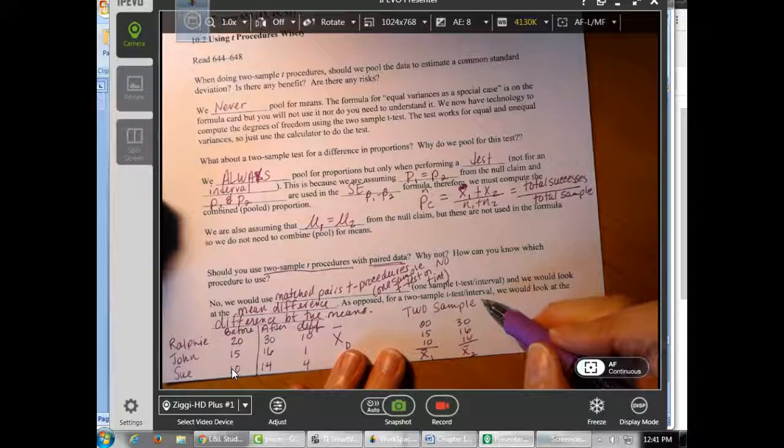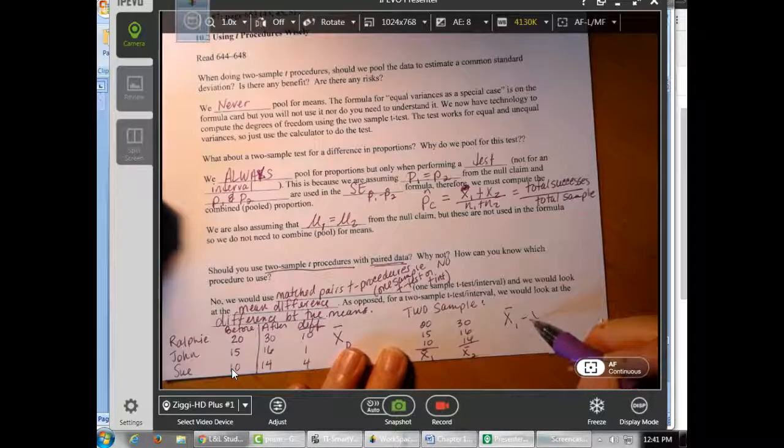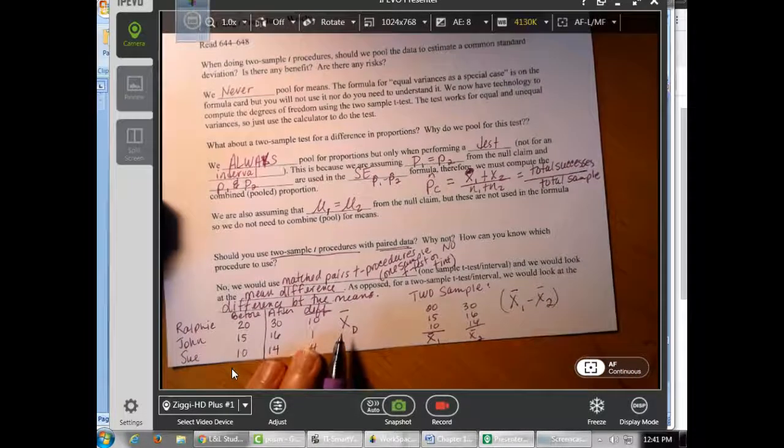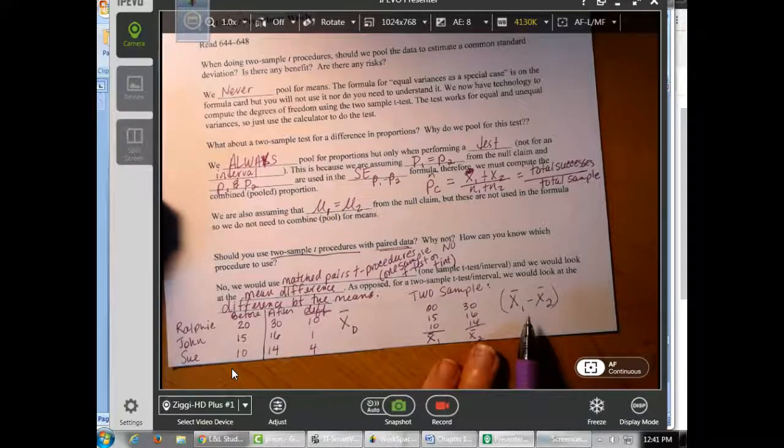So for my estimate, it's X bar sub 1 minus X bar sub 2. So here, I'm getting a statistic that is the average of all my differences. Here, I'm getting 2 statistics from 2 independent separate samples that I find the difference between. So that's the scenario.